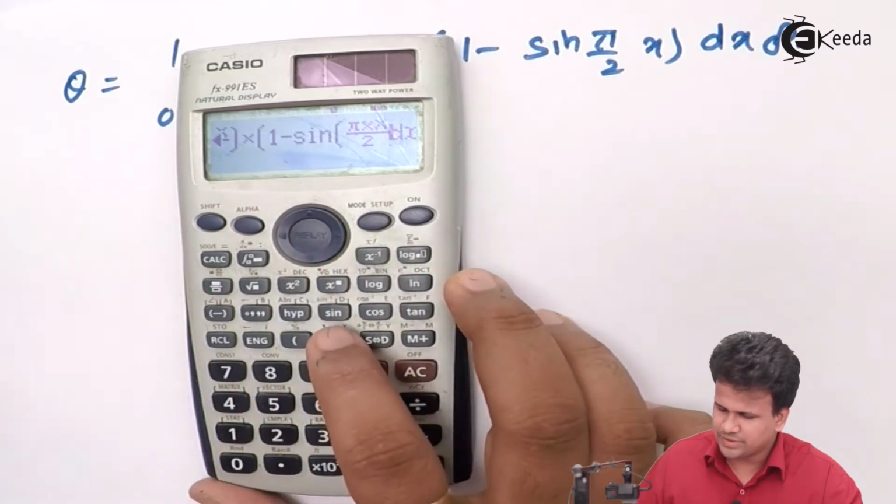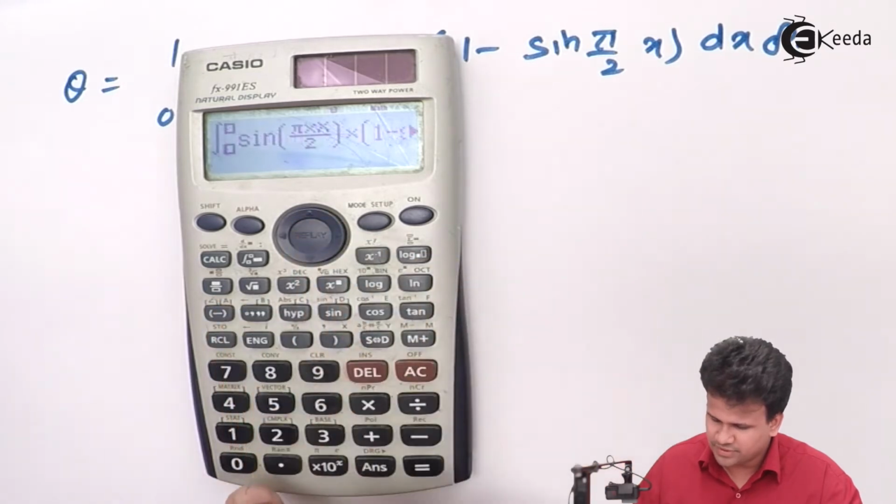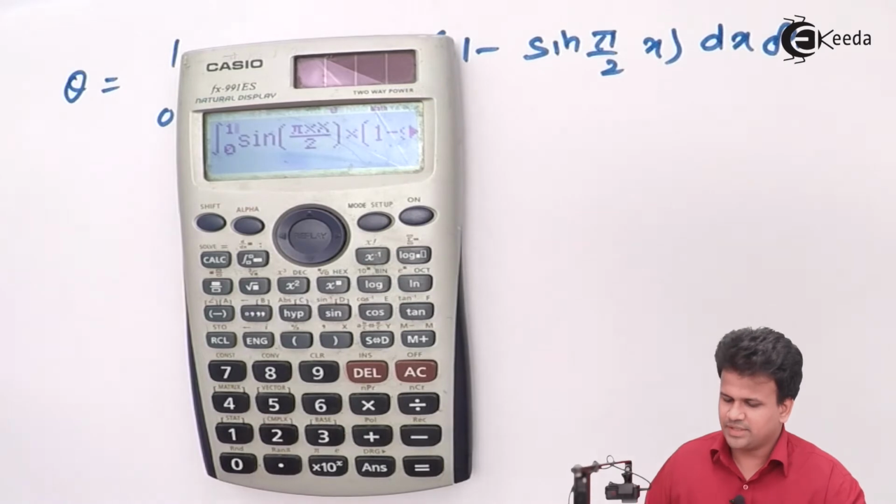There are two brackets over here, so we'll close both the brackets and we'll substitute the limits from 0 to 1. Note that over here this is in radian mode.